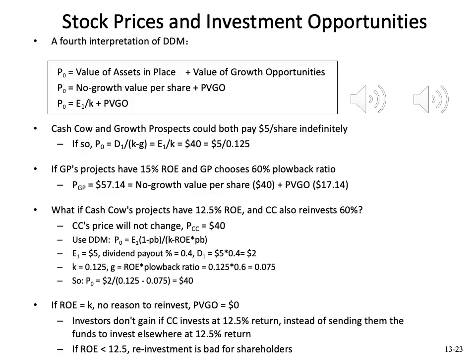Now, what if the cash cows also have some project which has 12.5% return on equity, and it also wants to reinvest some of the earnings into the company and take on this new project? The reinvestment rate is 60%, or the plowback rate is 60%. Well, before we do the calculation, I'm going to show you the stock price will not change at all.